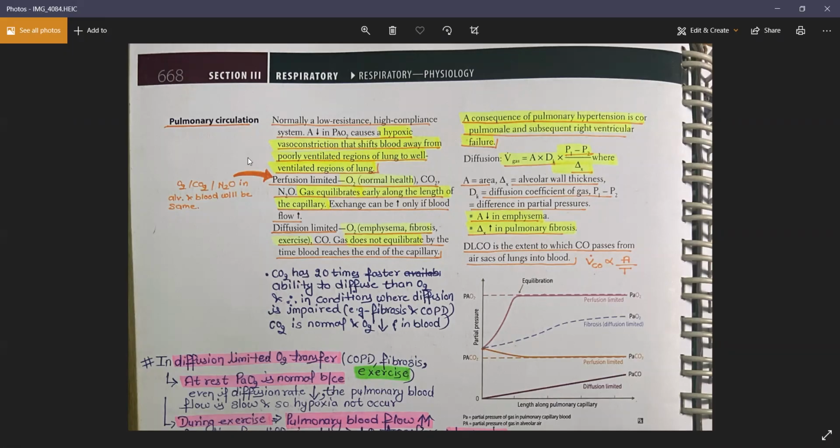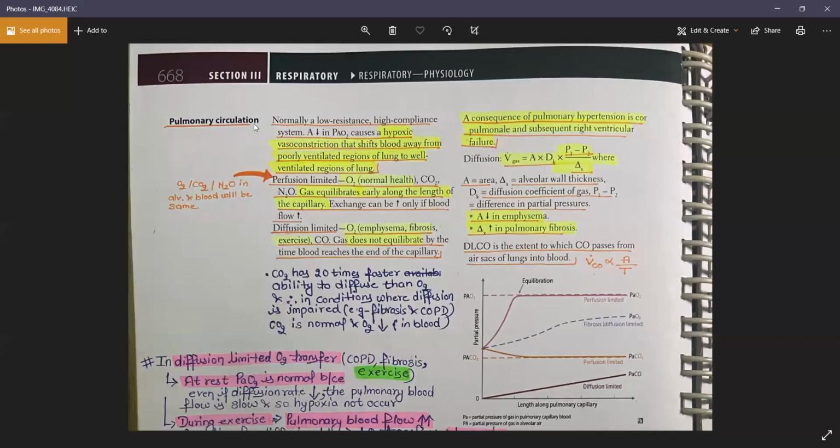Now, see, I told you already the pulmonary circulation is a very low resistance circulation, right? And it has very high compliance also. Remember, in the CVS we have discussed that already. Now, I told you also, whenever you have hypoxia in the alveoli, you will have hypoxic vasoconstriction, right?